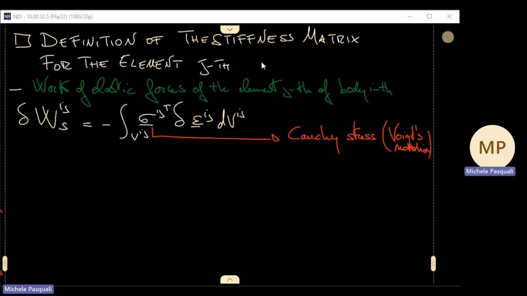And this is Green-Lagrange strain, linearized, of course, the linear counterpart.